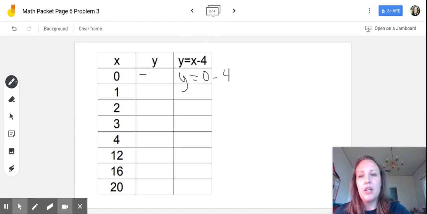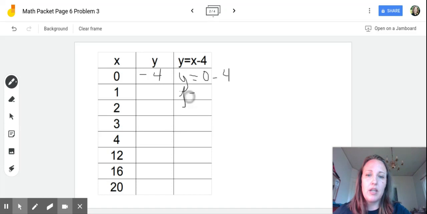I'm making no money on this deal. As a matter of fact, I'm $4 in the hole, right? So if I sell one pom-pom, just one, am I out of the hole yet? 1 take away 4, that was my cost. I'm still $3 in the hole, meaning I haven't made any money yet. I still spent more to buy the supplies.